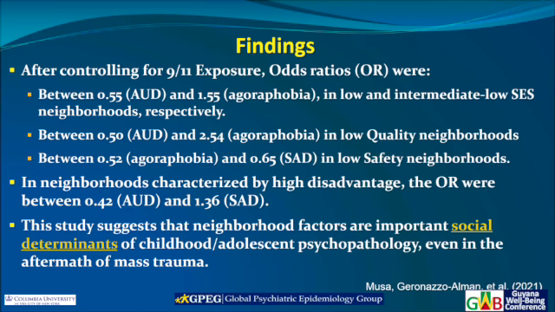So this suggests that, yes, in fact, neighborhood factors are important social determinants of child and adolescent mental health, even in the aftermath of a mass trauma. We can take that same approach here, looking at COVID responses, right? If we have the right type of data.